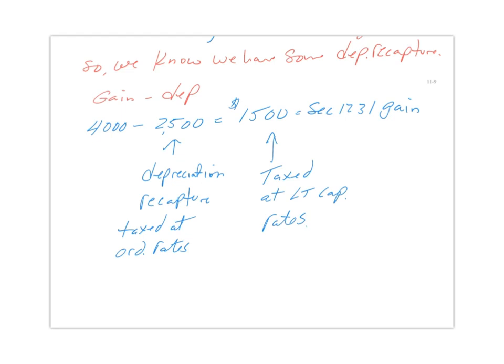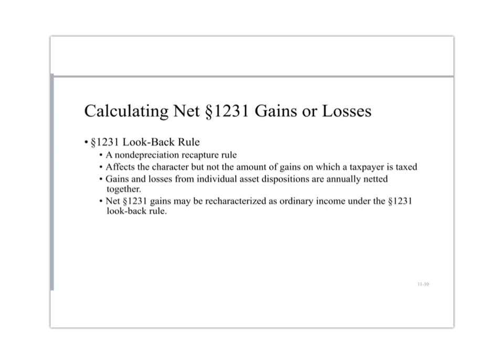All right, so there is one last wrinkle. The last wrinkle is called the Section 1231 look-back rule. Okay? What this means is you have to look back 5 years and see if you were able to deduct 1231 losses as ordinary losses.